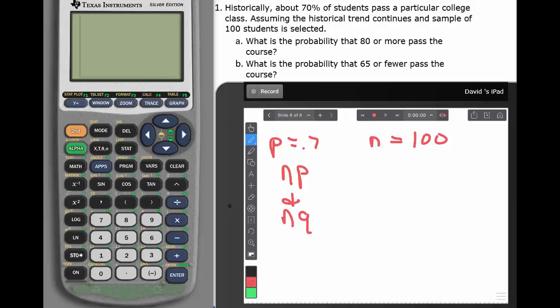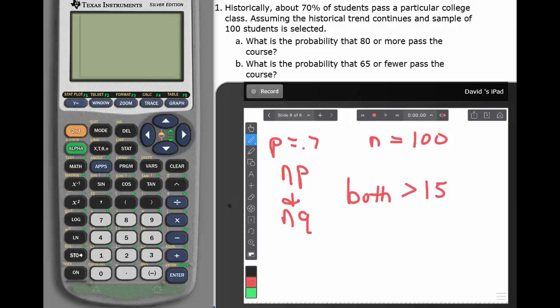I believe that the text that we're using this semester says that both of those have to be greater than 15. Most texts, by the way, I think are still using around 10 right now, but whatever your book uses, if you're using something different than I'm using.